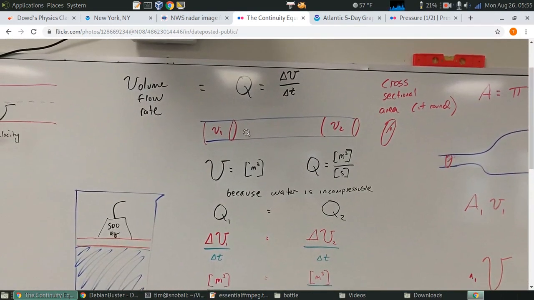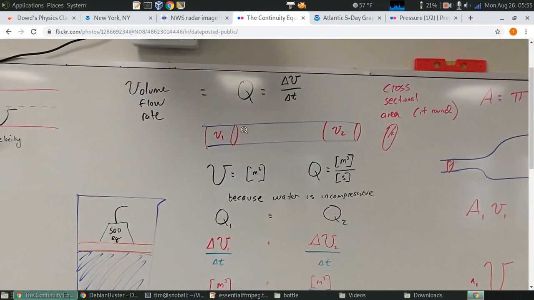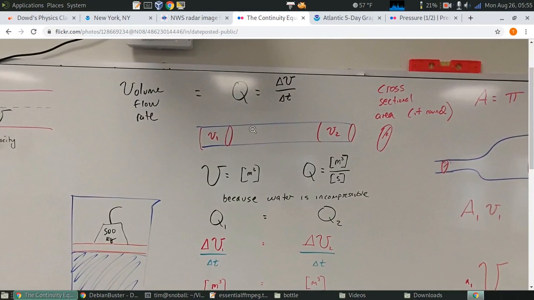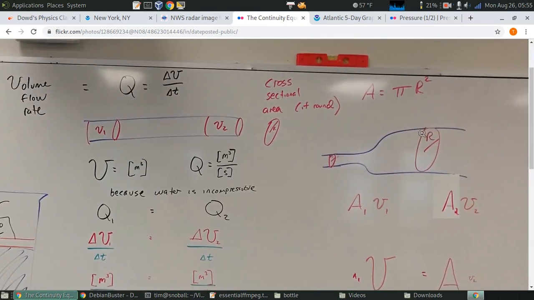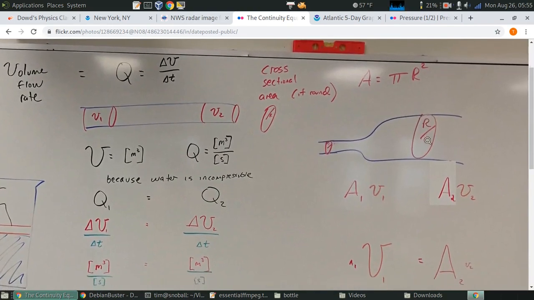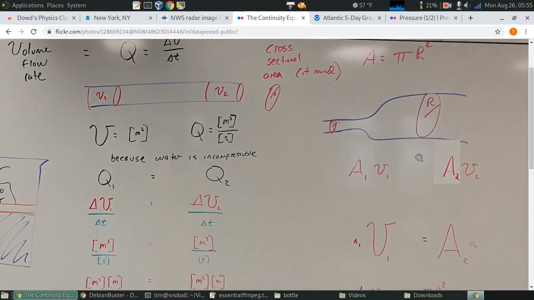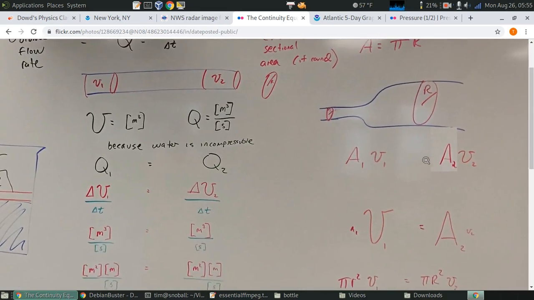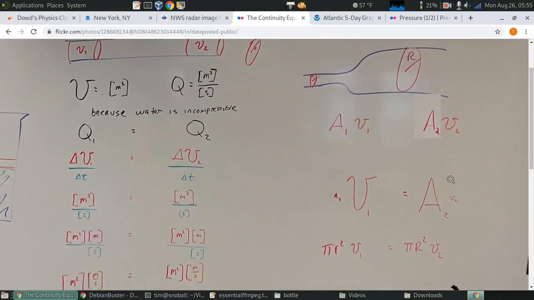Since this pipe has a constant area on either end, the pipe has the same diameter, we expect the water to stay the same speed throughout that pipe. But in the case of a pipe where the diameter changes, the cross-sectional area is going to change too. And that's going to make water speed up or slow down in different parts. If this equation is still true, if the area gets bigger, the speed has to drop.